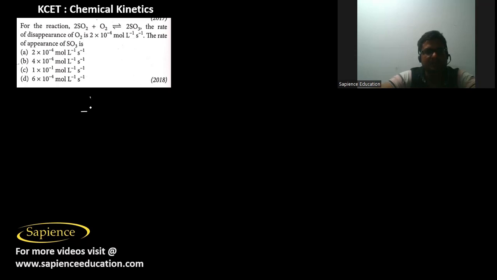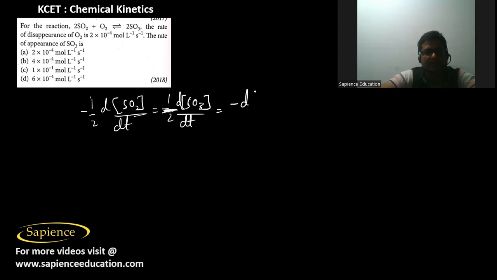So here we can say half of the rate of disappearance of SO2 is equal to half of the rate of appearance of SO3, and that is equal to the rate of disappearance of O2.